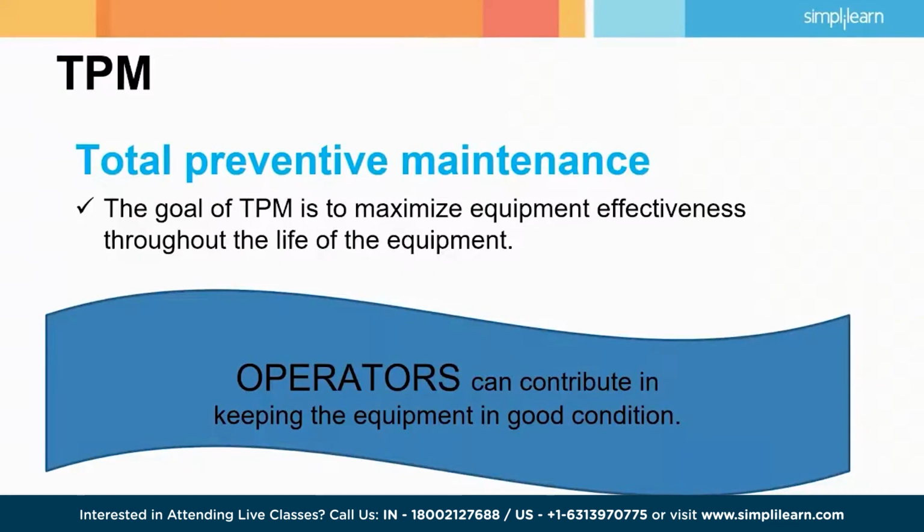Another tool is total productive maintenance, which is to get the operators to contribute to keeping the equipment in good condition. That's another great tool that you can use for Lean and Six Sigma. So how much time do you lose when you need to repair a machine? Well, you can create a flow if you just spend 1 or 2 minutes every day before using it, and 2 minutes to clean it after, and you will never have the machine going down.